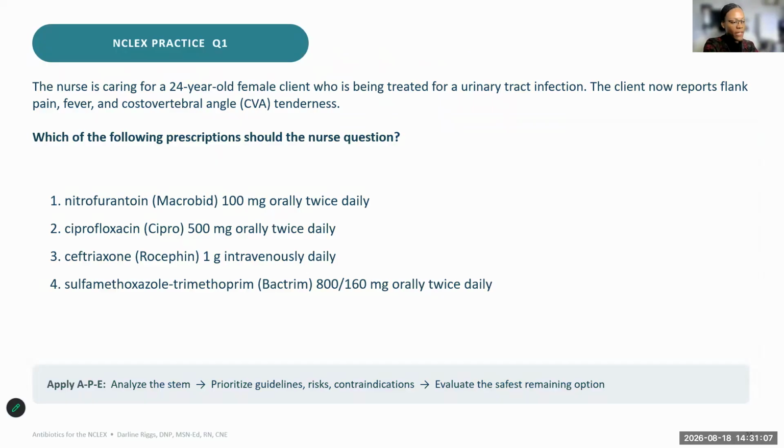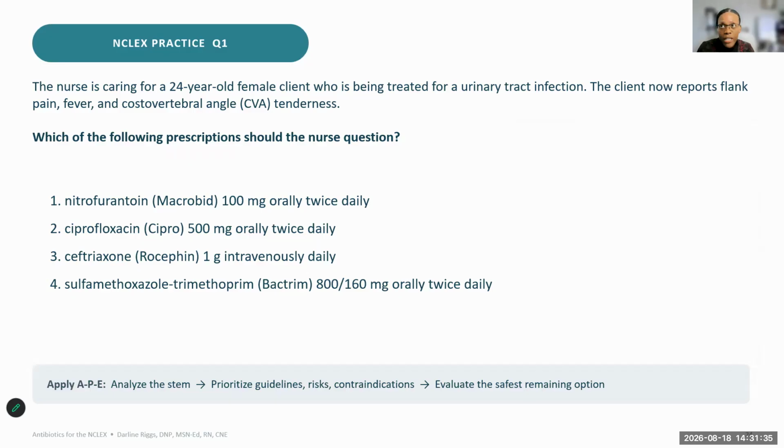NCLEX question number 1. The nurse is caring for a 24-year-old female client who is being treated for a urinary tract infection. The client now reports flank pain, fever, and costovertebral angle tenderness, CVA tenderness. So let's analyze this question.